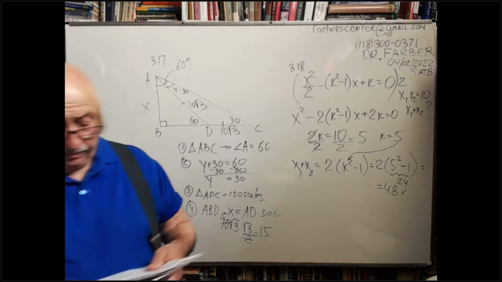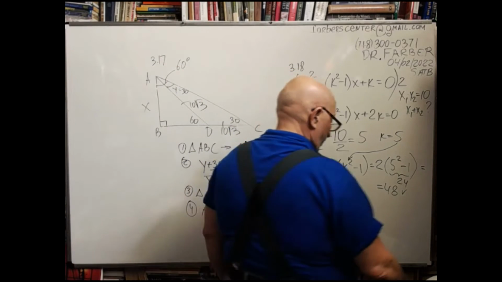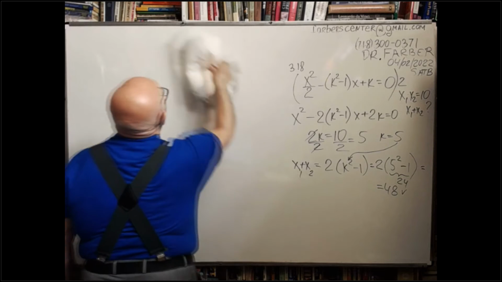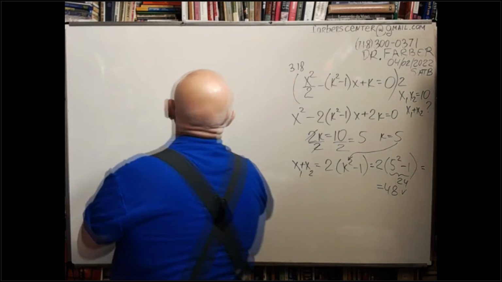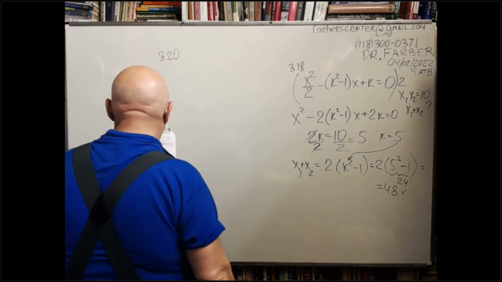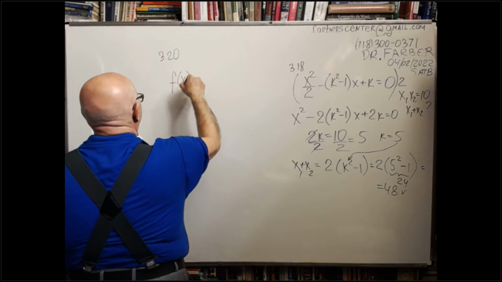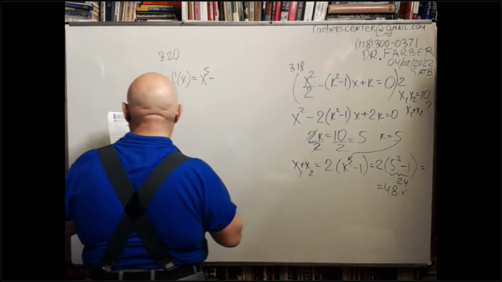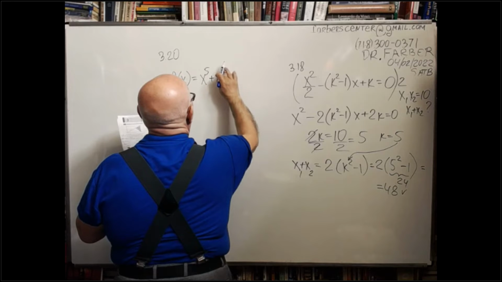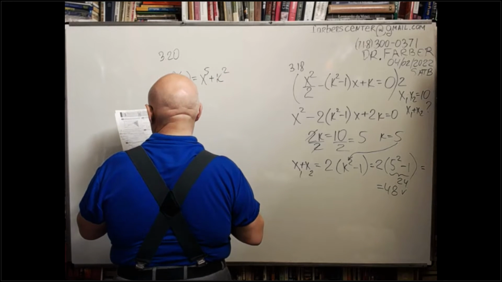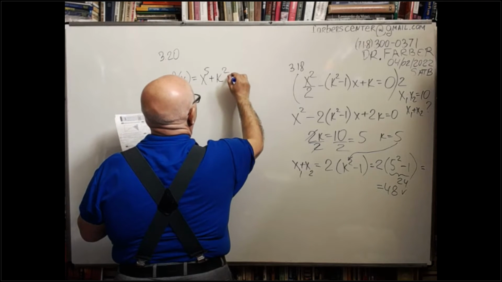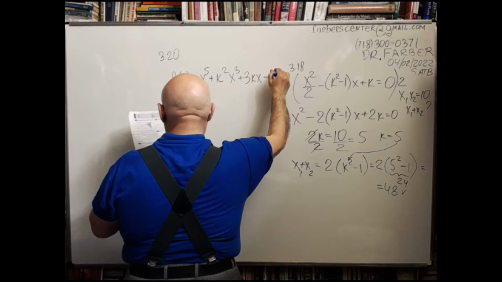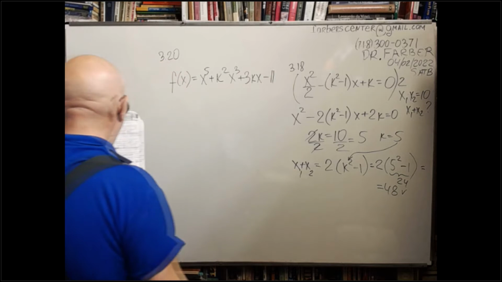And the last for this section is 320. What do we have for 320? f of x equals x to the power 5 plus k to the second times x to the third plus 3kx minus 11. k is a positive constant.